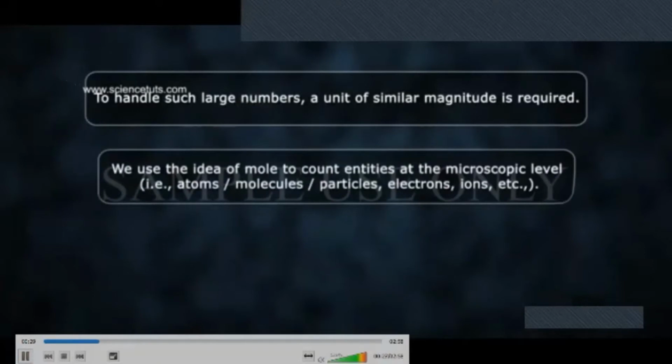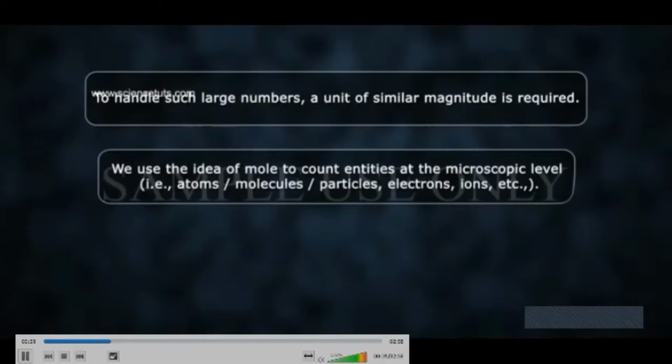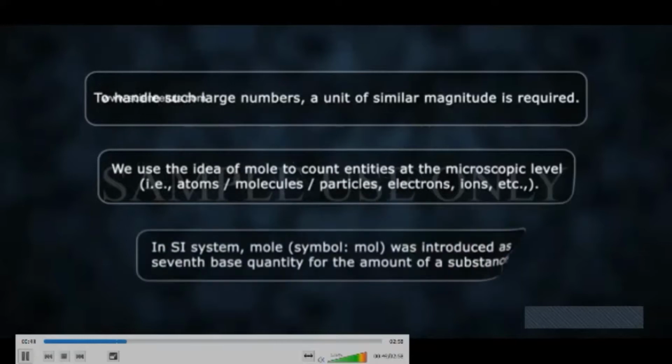We use the idea of mole to count entities at the microscopic level, that is, atoms, molecules, particles, electrons, ions, etc.